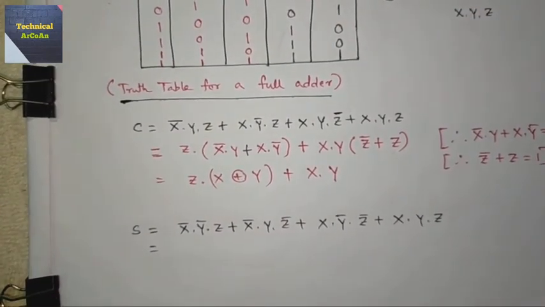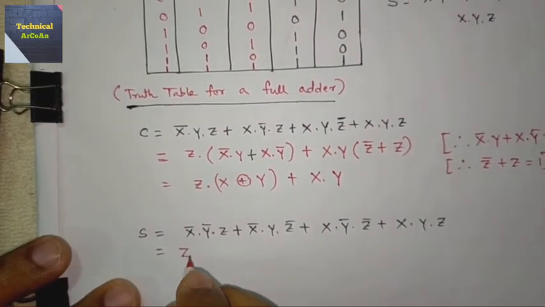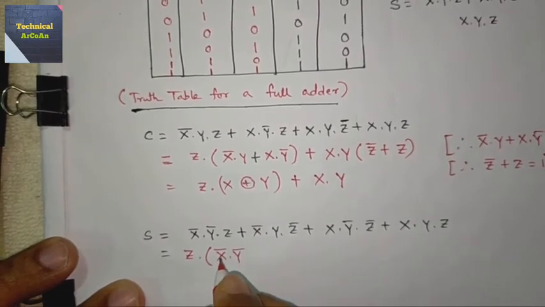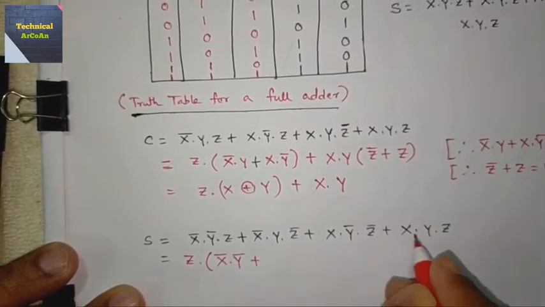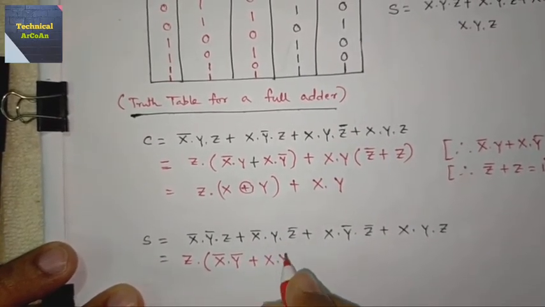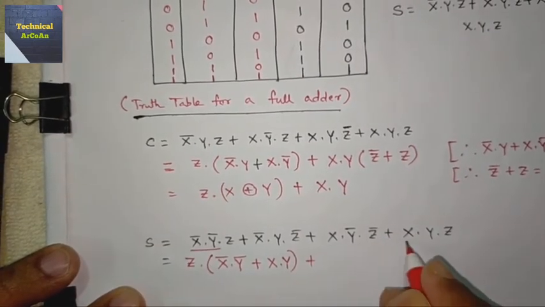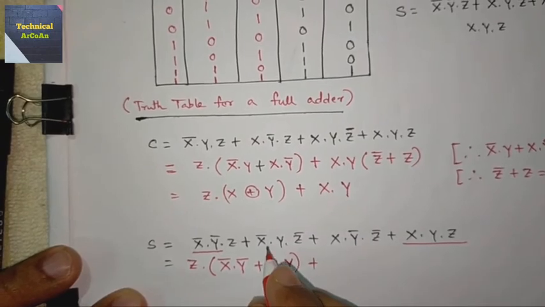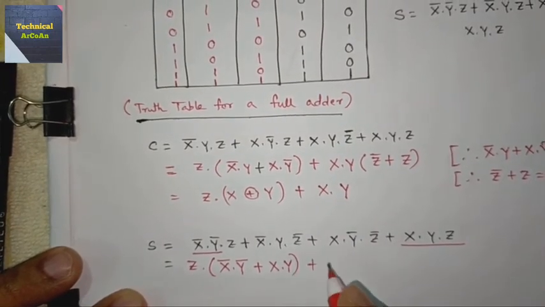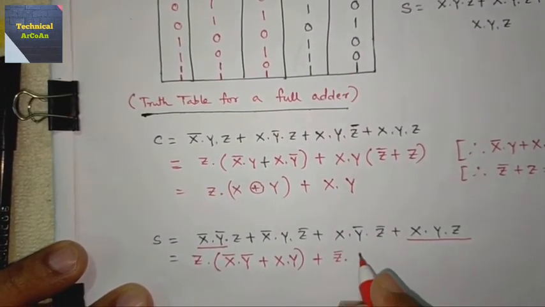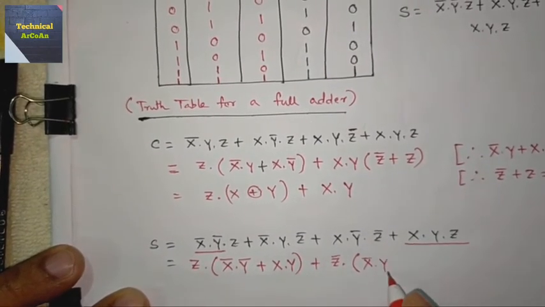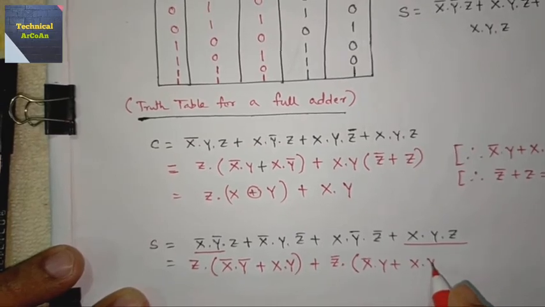So we write here z dot, from this we get x complement dot y complement plus, and from there we just get x dot y. So this and this product term is complete. Now for these two product terms the common is z complement, so we just take z complement, and the remaining, x complement dot y plus x dot y complement.